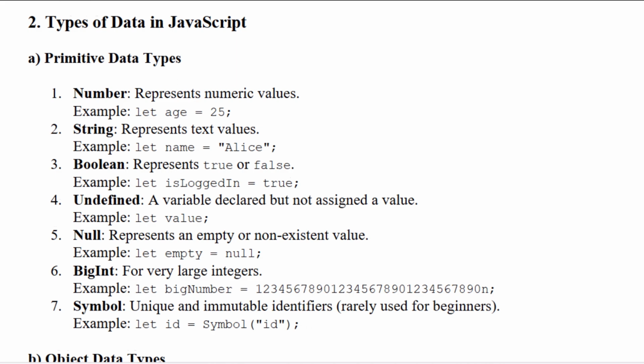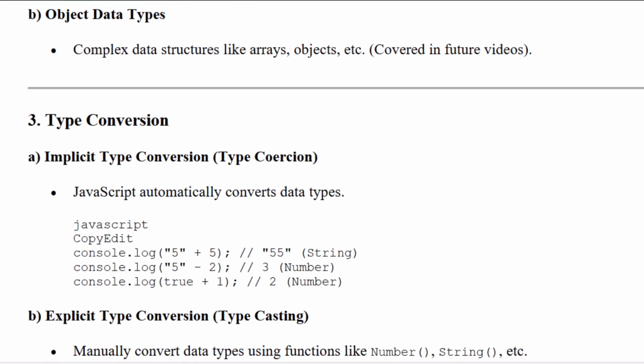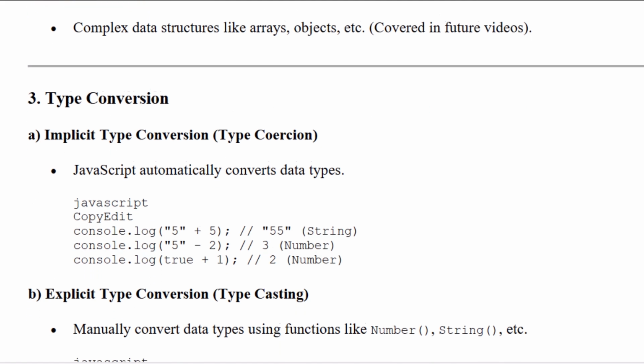Now let's study implicit type conversion. The good thing about JavaScript is that it automatically changes the data type.